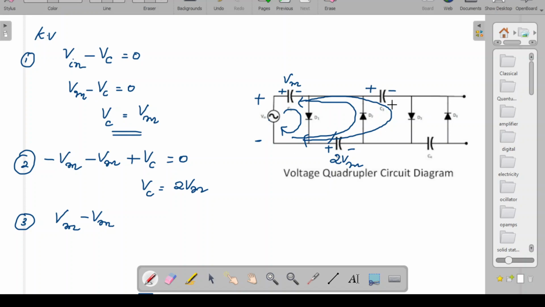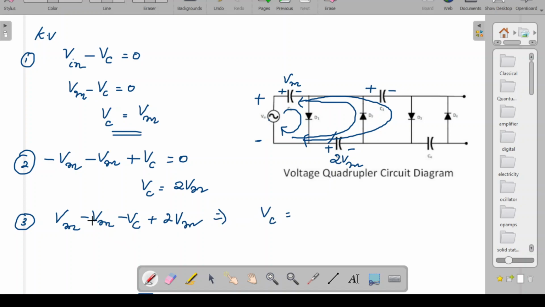So conventionally, how can I write that capacitor's voltage? Again minus Vc, then coming to here, this is minus plus 2 Vm, that is negative positive, so that is plus 2 Vm. Now what is Vc?